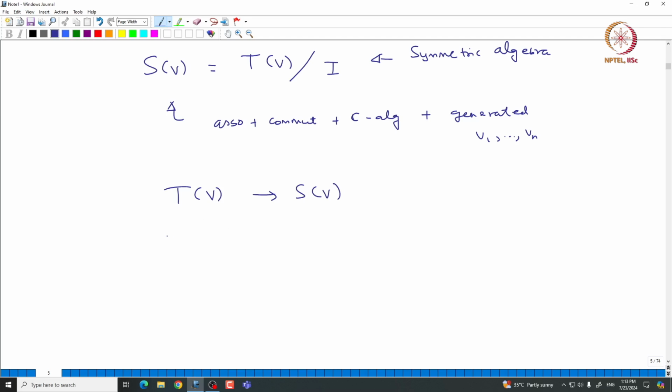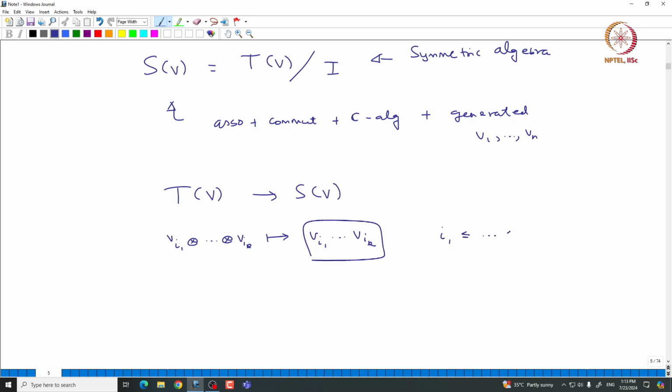let us say, the image of the simple tensor vi1 etc. vik is mapped to just vi1 times etc. vik. So, now the variables vi commute. That means one can arrange this in the increasing order or the decreasing order.